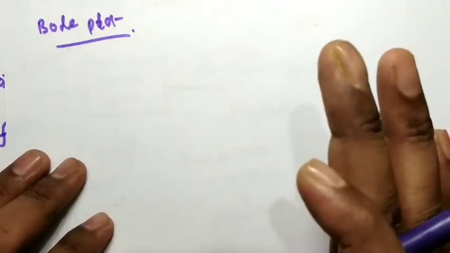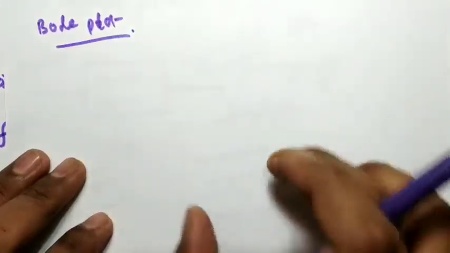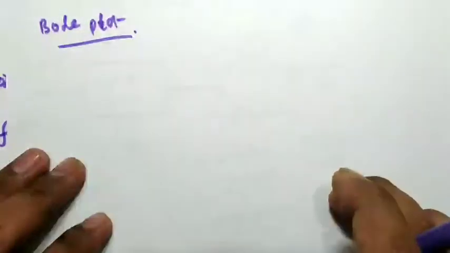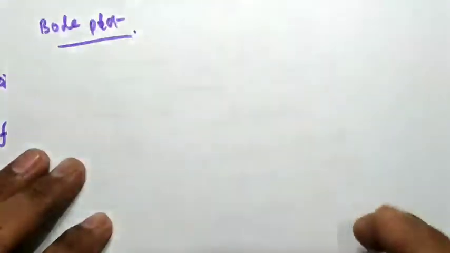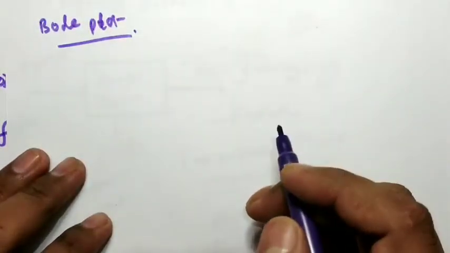Two graphs are required, the magnitude plot and the phase plot, and using phase margin and gain margin we find the stability of the system.